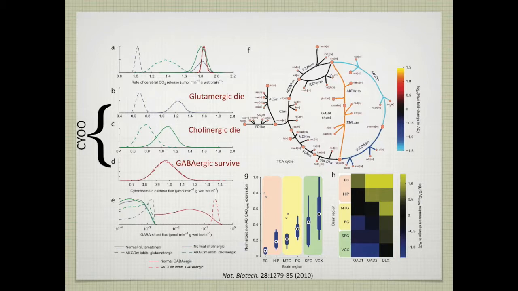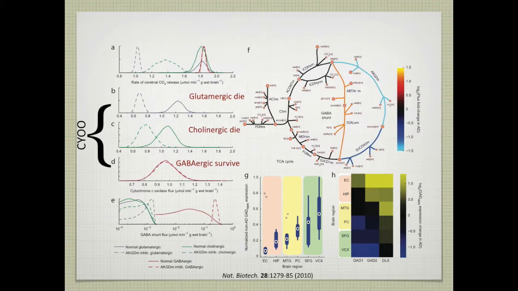So the top ones you see in Alzheimer's, the histogram, the dashed lines, which is the disease state, and the solid line is the normal state. So there's a big difference in that prediction for the two types of neurons that are depleted. Whereas for the GABAergic, you can see that the histograms are essentially the same. And down below, we have predictions of flux through the GABA shunt.